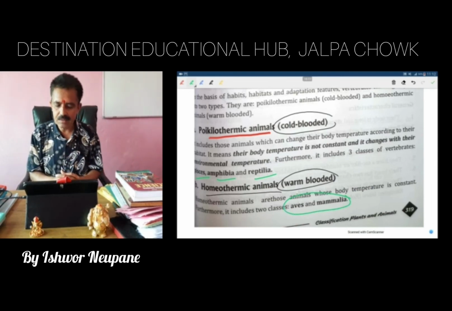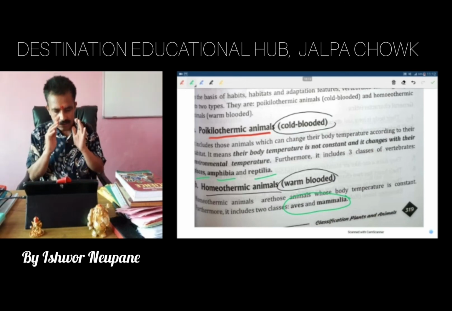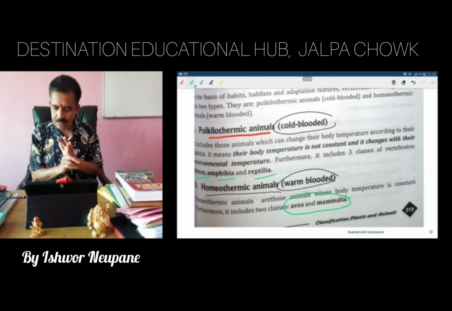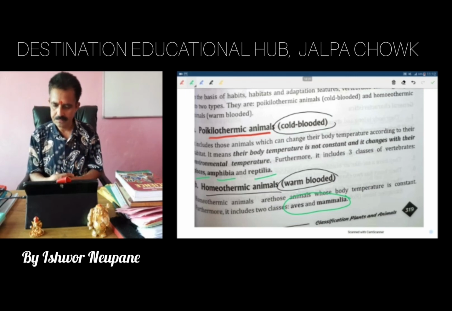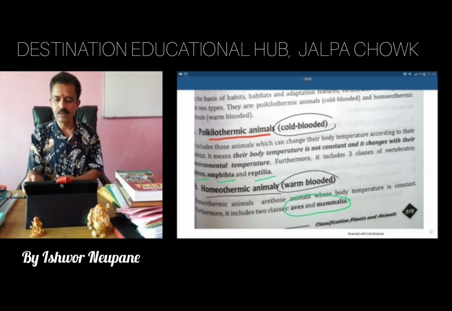They are Aves and Mammalia. So Pisces, Amphibia, Reptilia belong to poikilothermic animals. Aves and Mammalia belong to homothermic animals. Right?